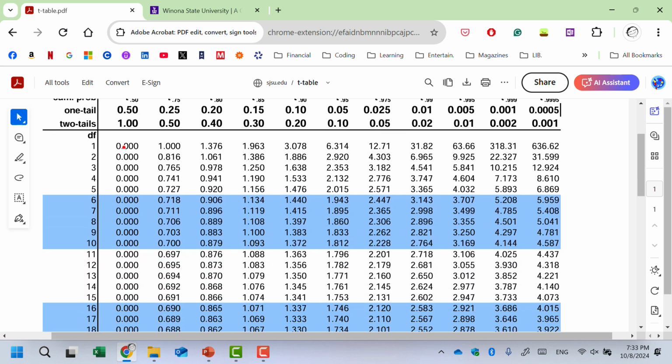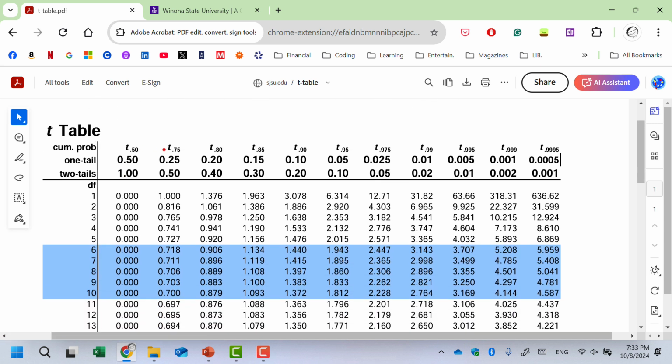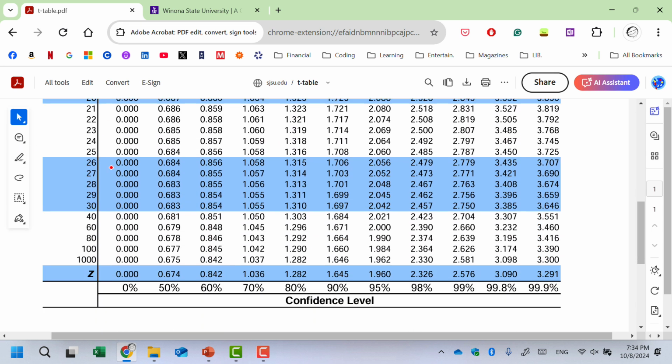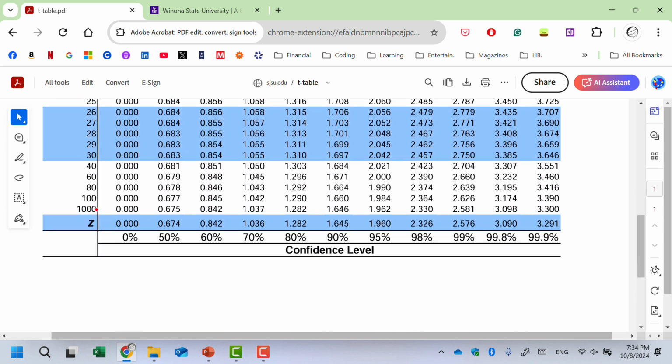Okay, this is one of the t tables. You can find a lot of different tables, but this one shows 50%, 75%, 80%, 90%, 95%, and so on, and then the one-tail or two-tail case, and then degree of freedom. Our degree of freedom is about 500.